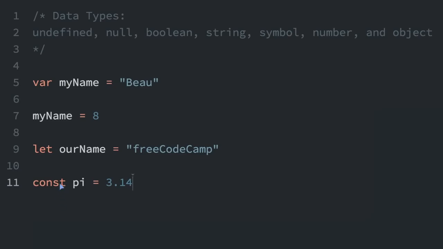Like right up here, I declared my name, but then we changed it here. So it started out to be Bo, and we changed it to 8. A const, you can never change it. If you do try to change it, you'll get an error. Okay, that's all for now, but like I said, we'll be talking more about the different types of variables later.